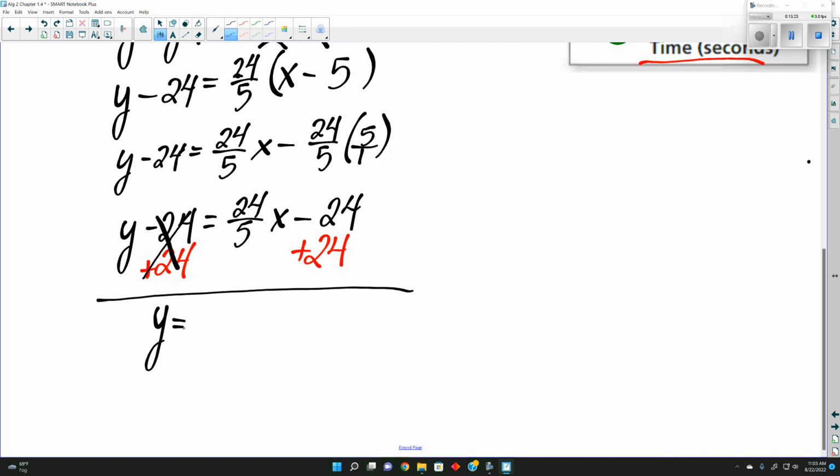Officially getting us y by itself is equal to 24 over 5 x. And over here, negative 24 plus 24 is? So this here is the equation for our line. So y is equal to 24 over 5 x.